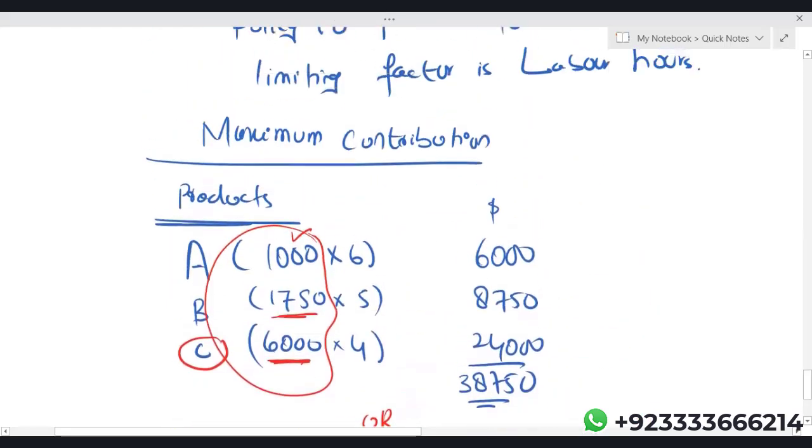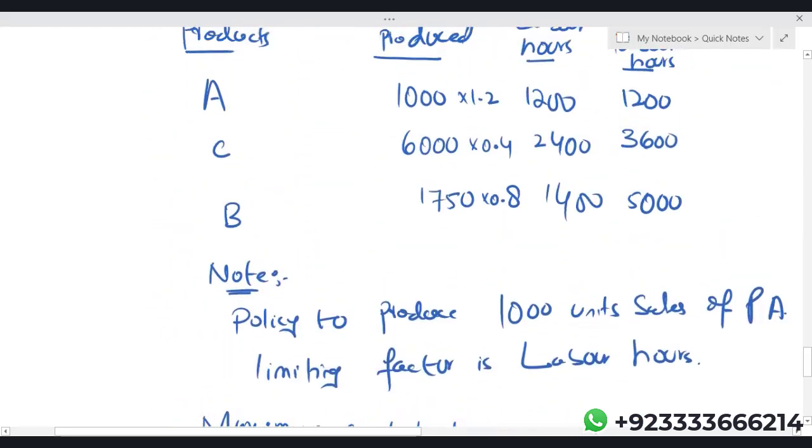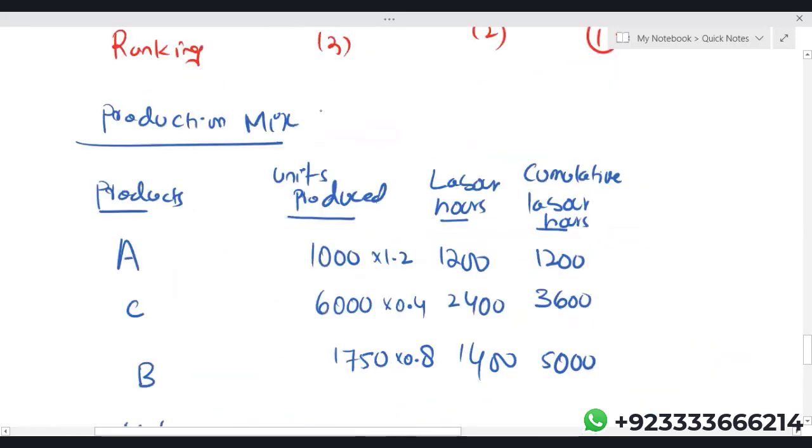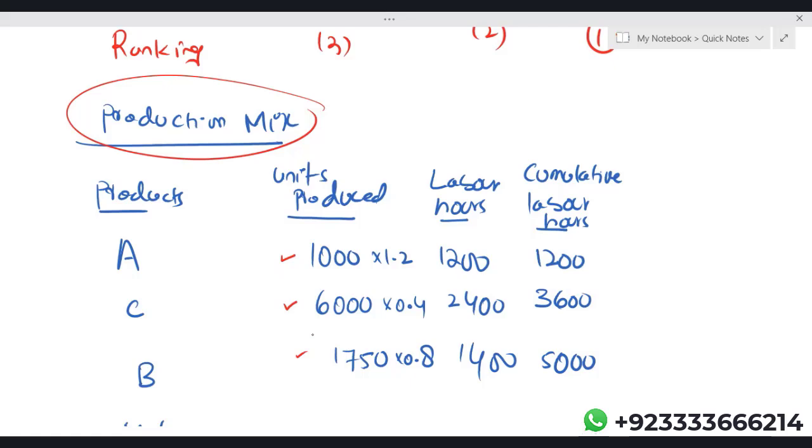The main logic is this step, where we are showing the production mix, how many units of each product will be produced. So here we have decided A is going to be 1,000, C is going to be 6,000, B is going to be 1,750. Here we have properly utilized the limiting factor. We followed the ranking, each and everything.